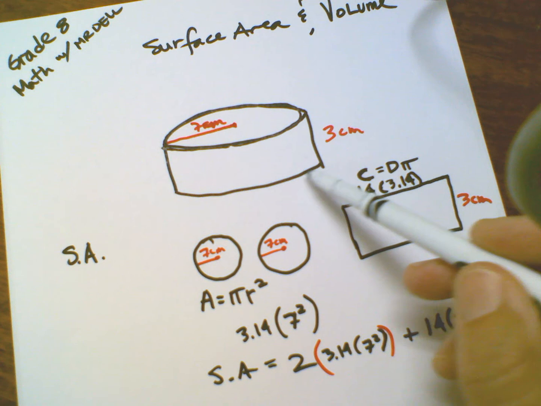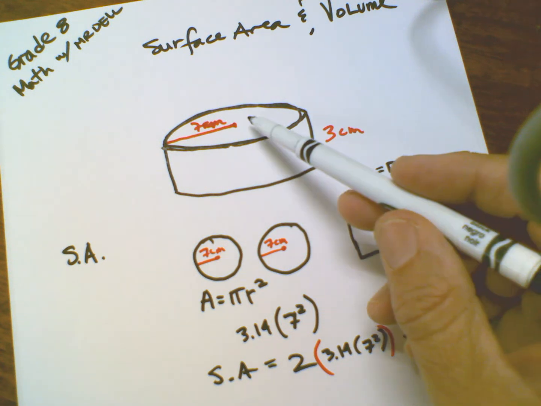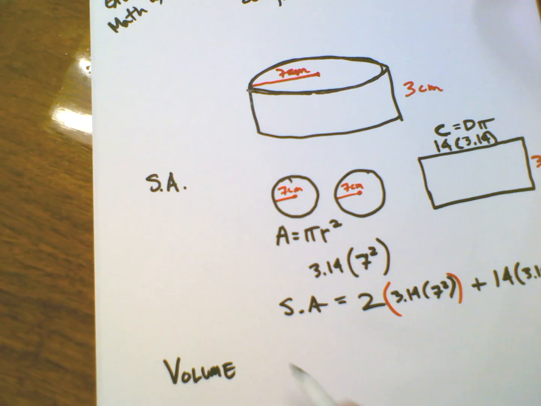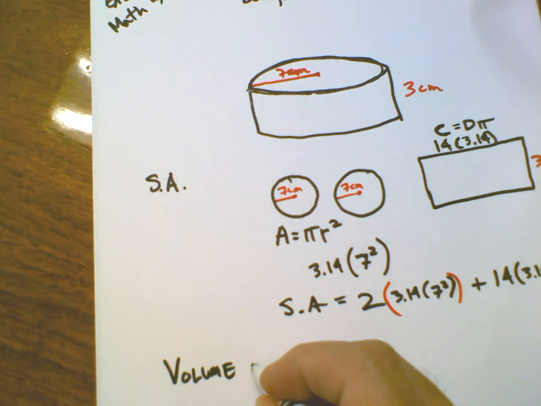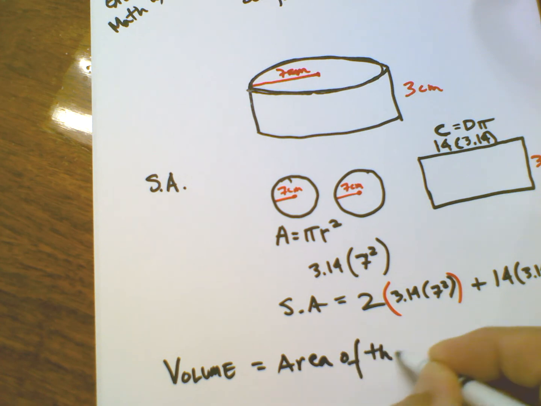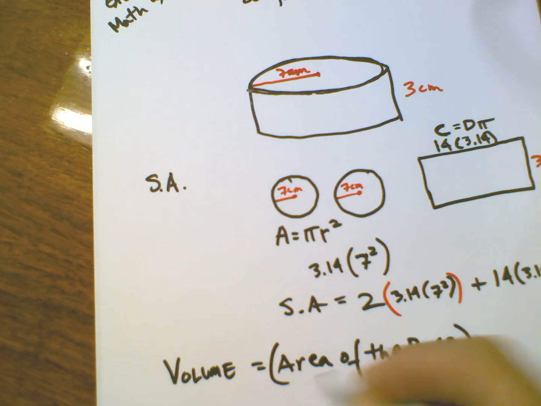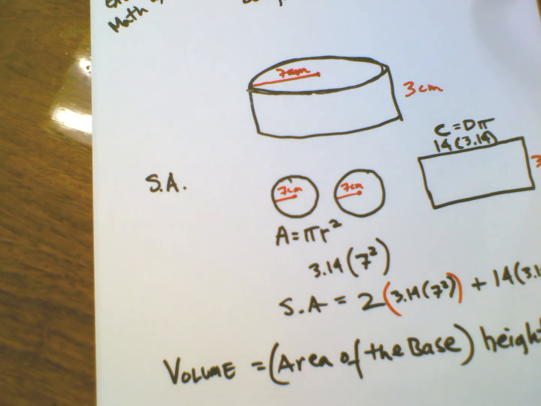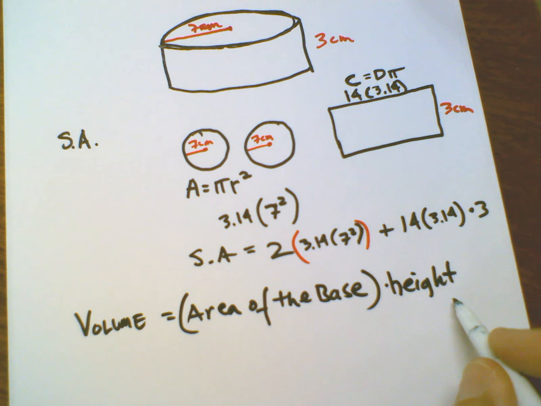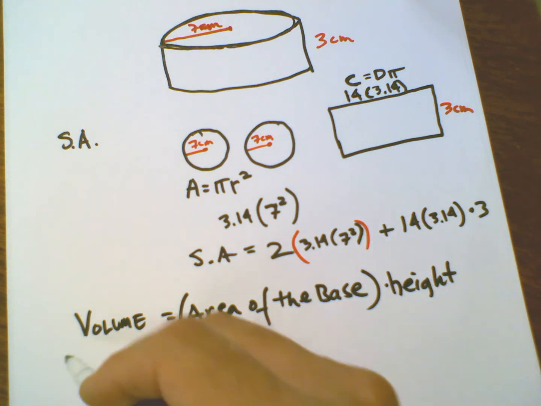One of those bases filled all the way up would be the volume, all the stuff inside. So volume is really just the area of the base, and I multiply that by the height. So area of the base times the height is the volume of a cylinder.